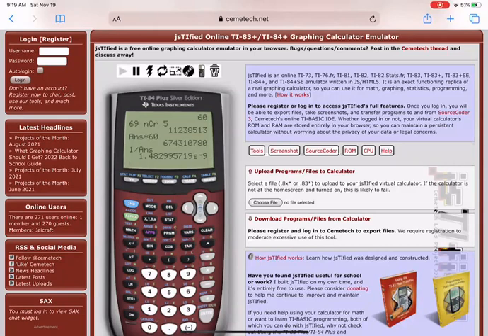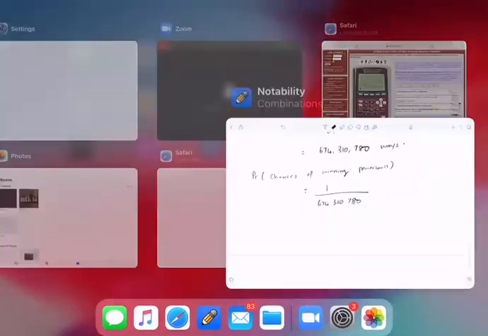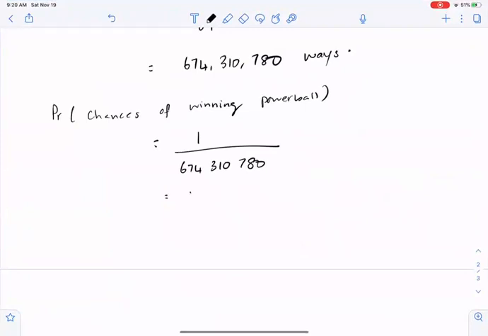So 1.4829, I'll round it to 1.5 times 10 raised to negative 9. If I want to put this in perspective, pretty small, but then still happens.